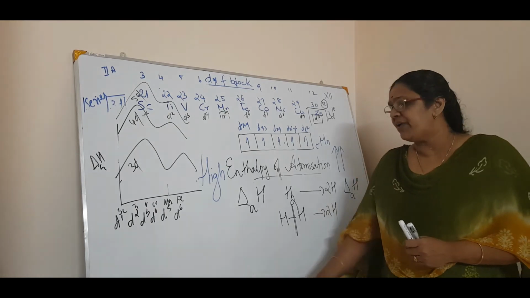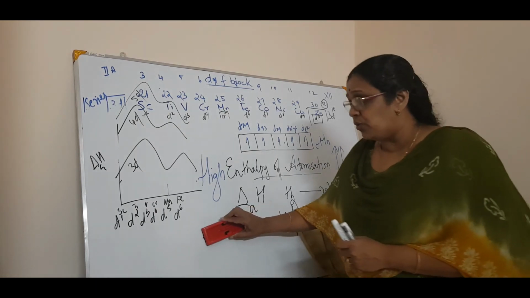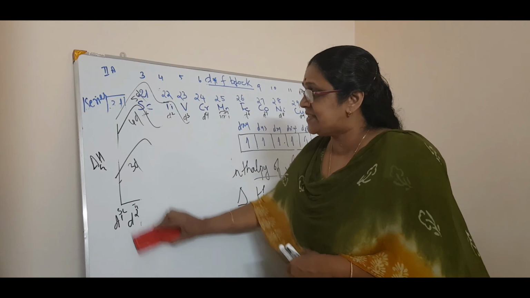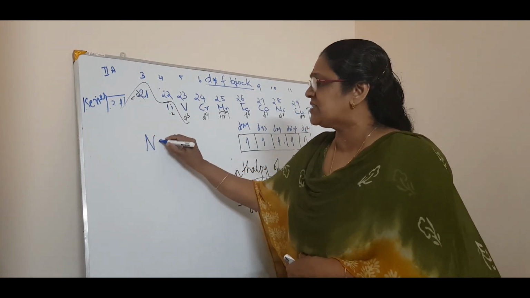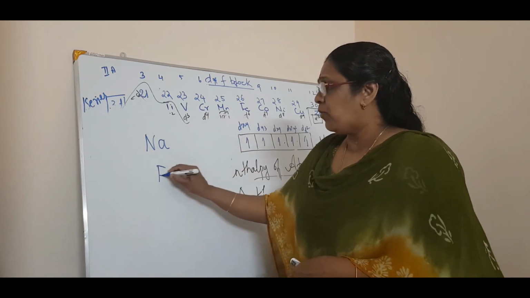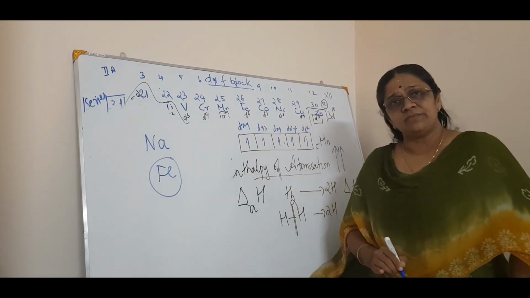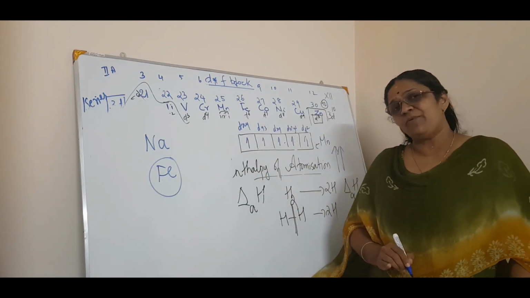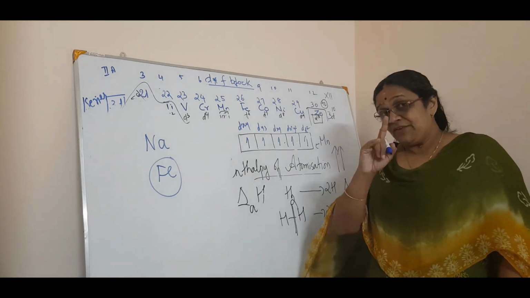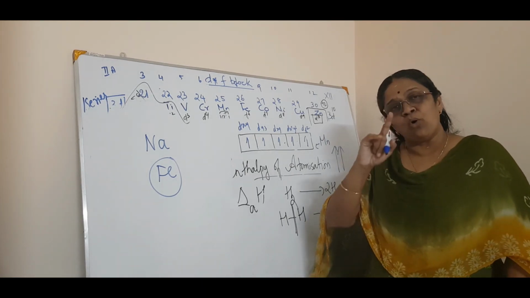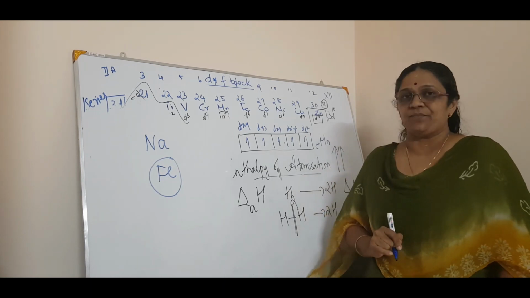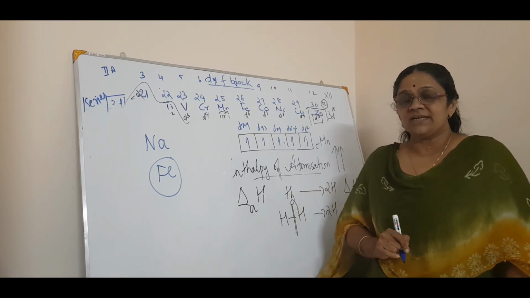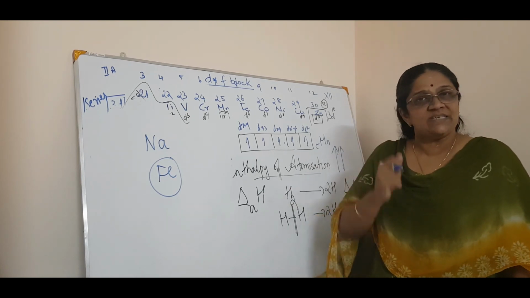Now you may be wondering, in a hydrogen molecule there is a bond, but if you talk about copper, sodium, tungsten or iron, what is its enthalpy of atomization? The definition says 1 mole of a substance into its constituent gaseous atoms.